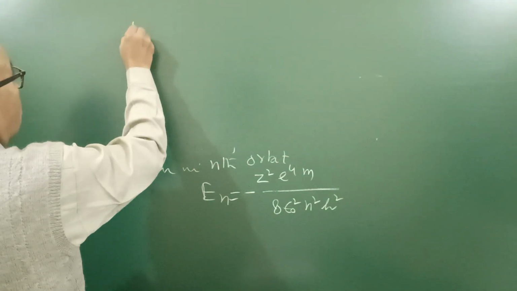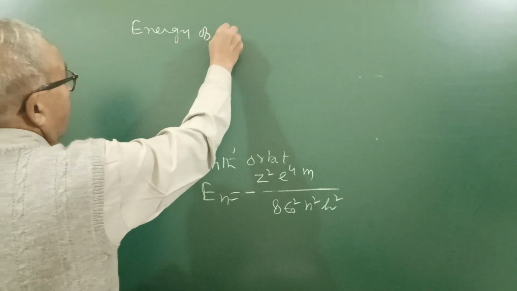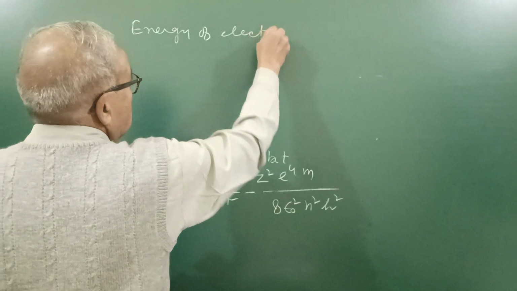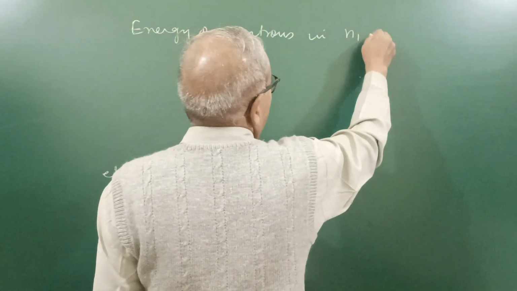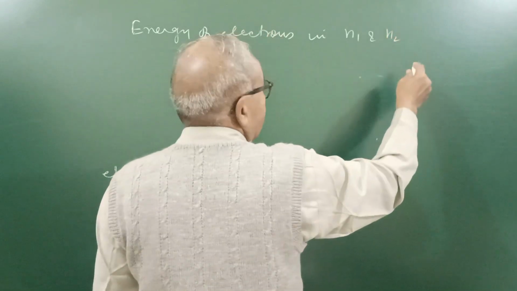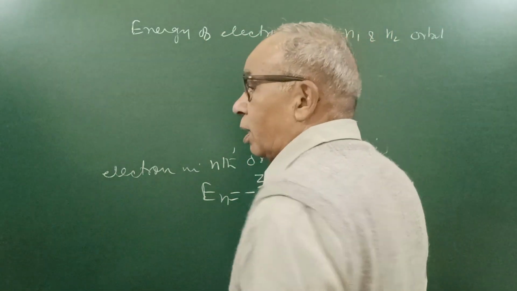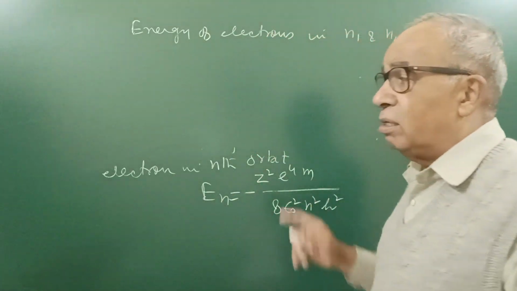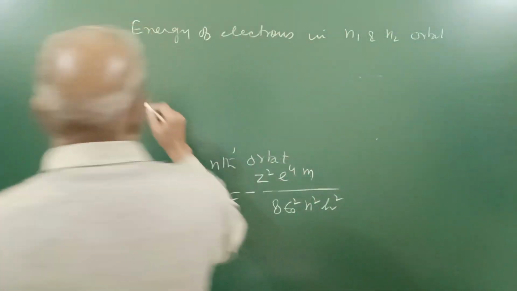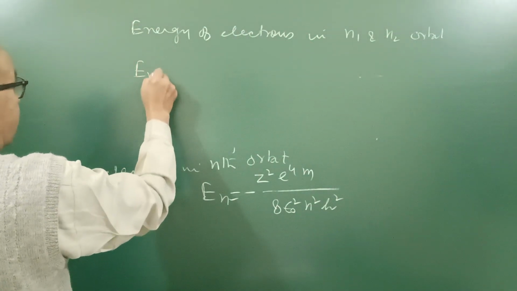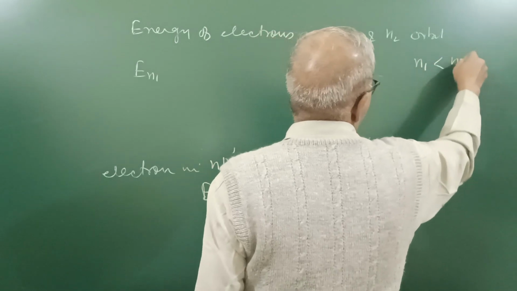Now, the energy of electrons in n1 and n2 orbits. n1 and n2 are the different orbits, say 1, 2. So En1, or here n1 is less than n2.